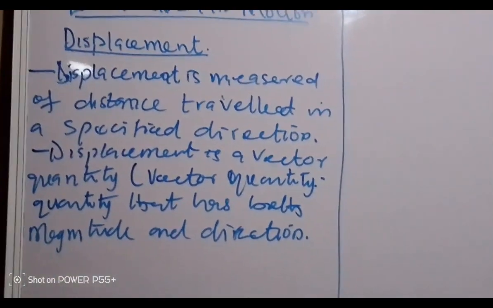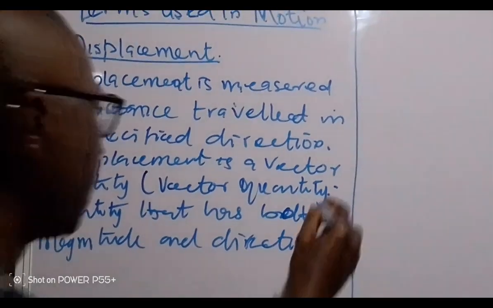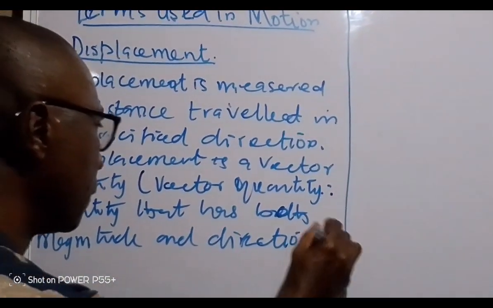Quantity that has both magnitude and direction. That's what I mean by vector quantity.